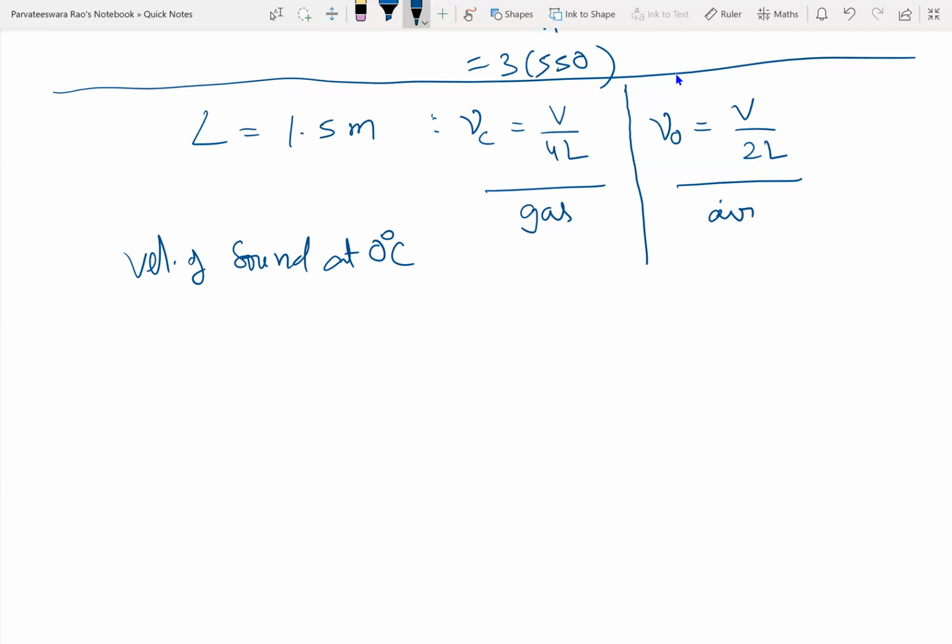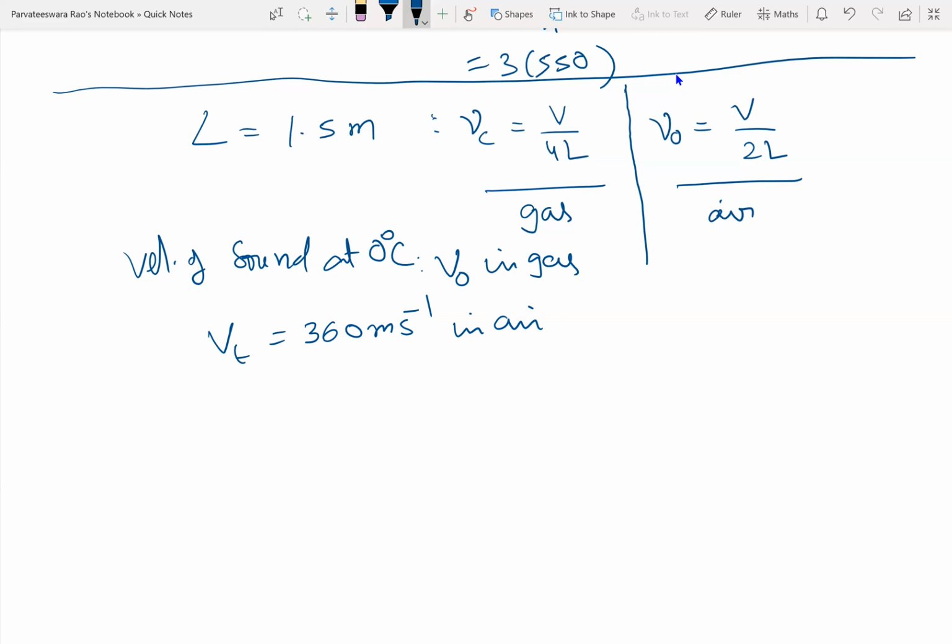Given the velocity of sound at 30 degrees centigrade temperature is 360 meters second inverse in the air. Velocity of sound at 0 degrees in the gas, you wrote, no?